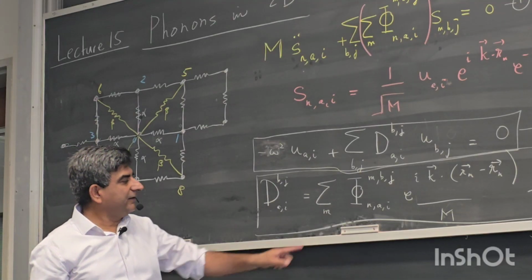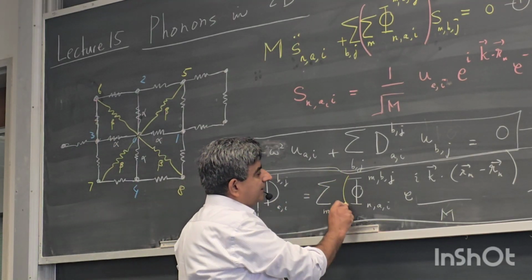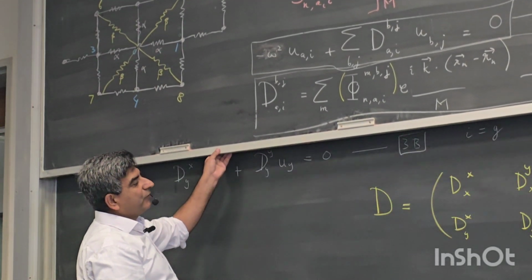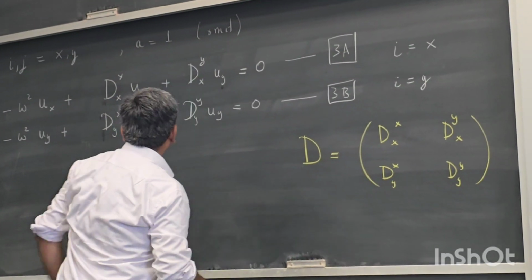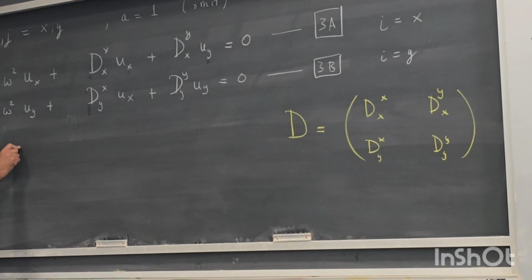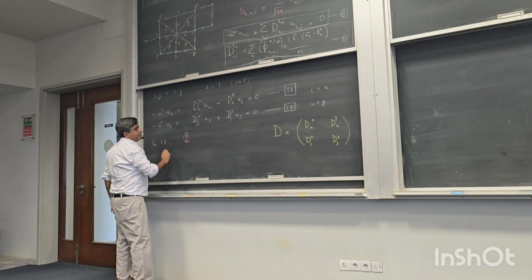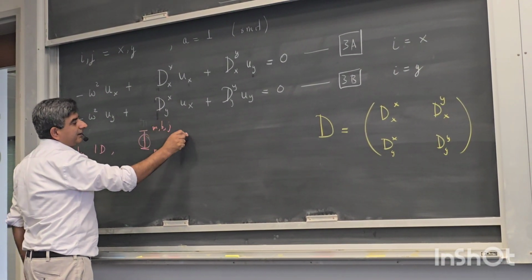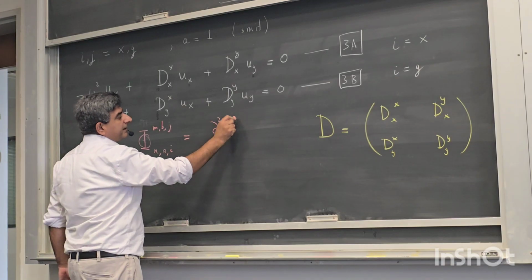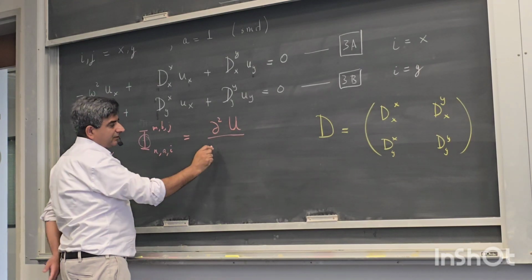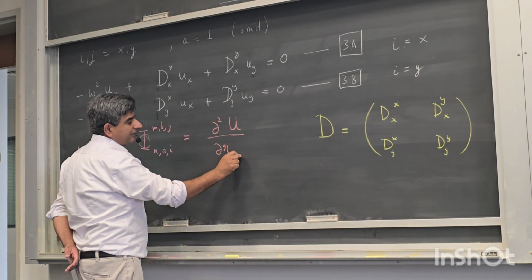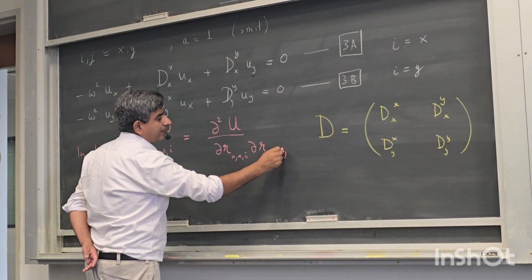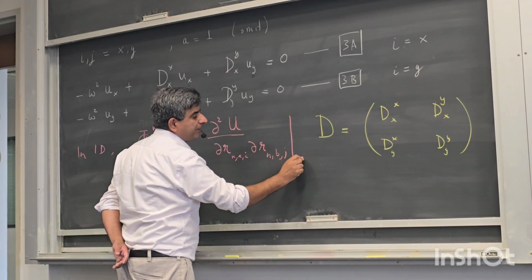In fact, if you look at this element here, phi, for 1D, we've already defined what phi looks like. In 1D, we do know that this phi NAI MBJ is simply the double derivative of the potential energy with respect to the positional variables computed at the equilibrium point.